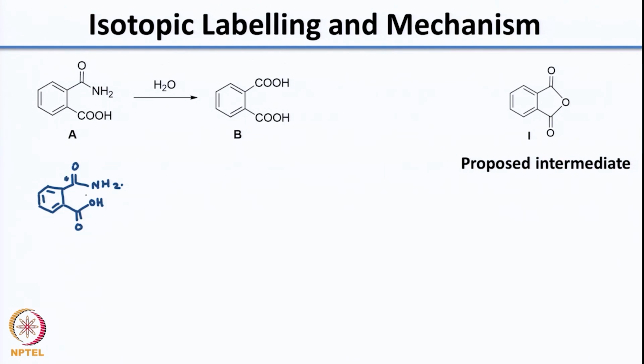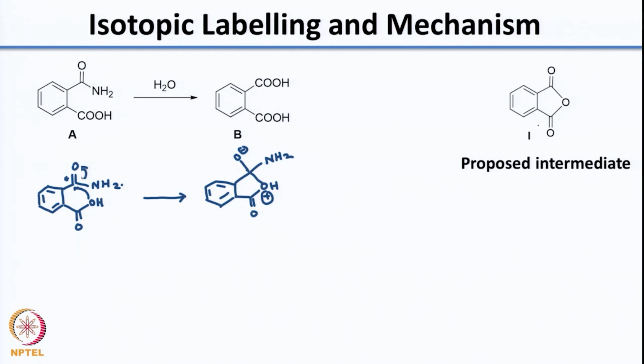So, one way you can do it is you can show this addition, to give you, so, you generate this, and now you need to get from here to the intermediate shown here.